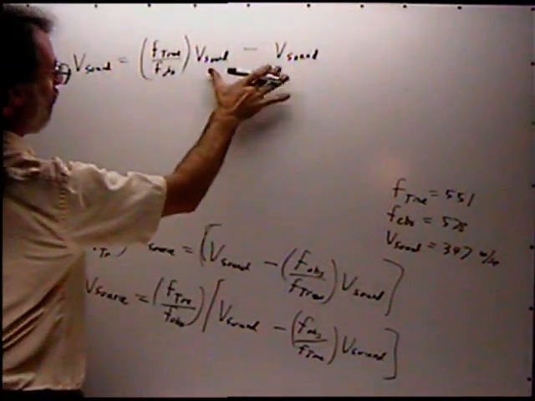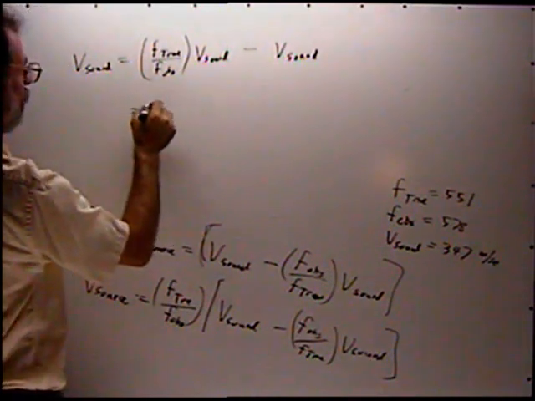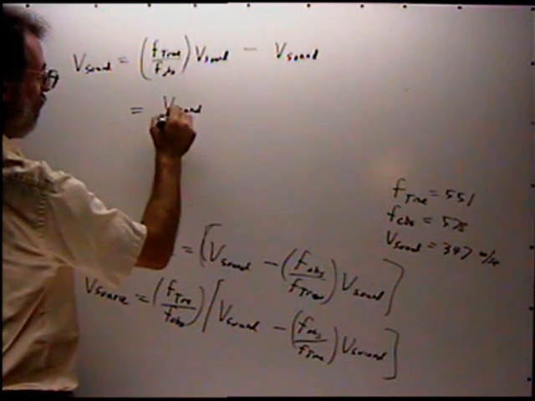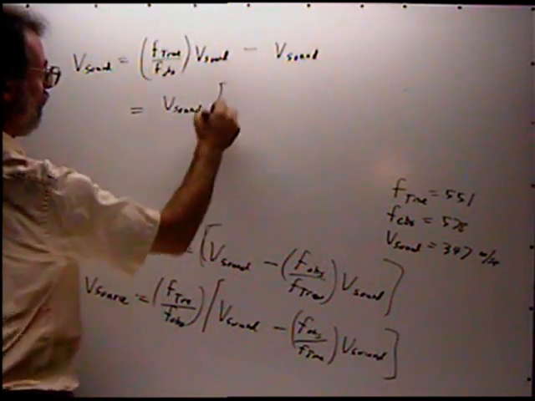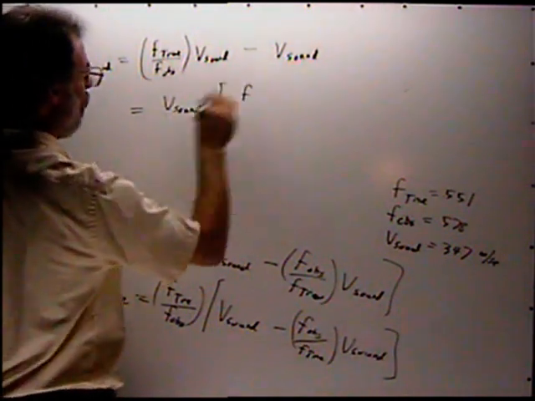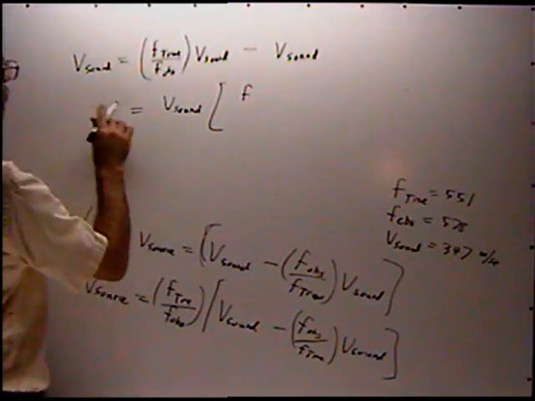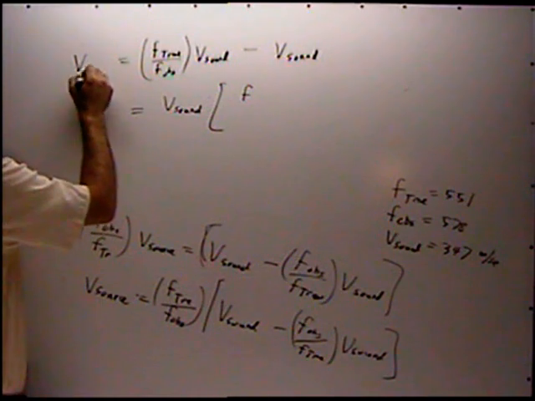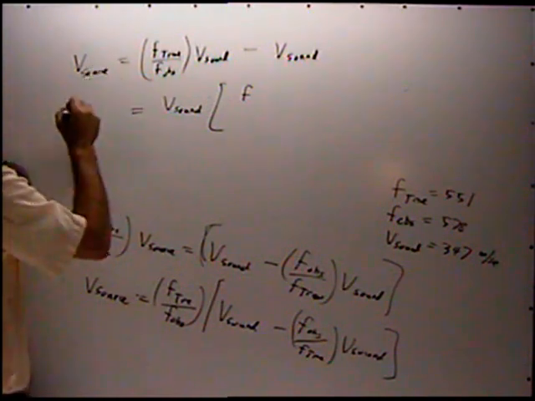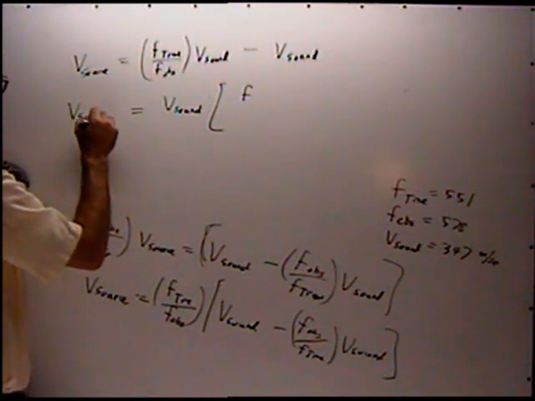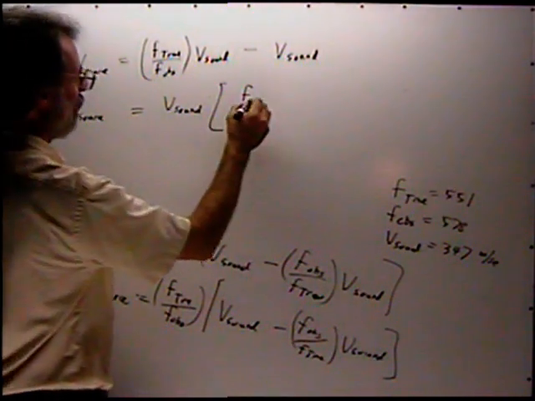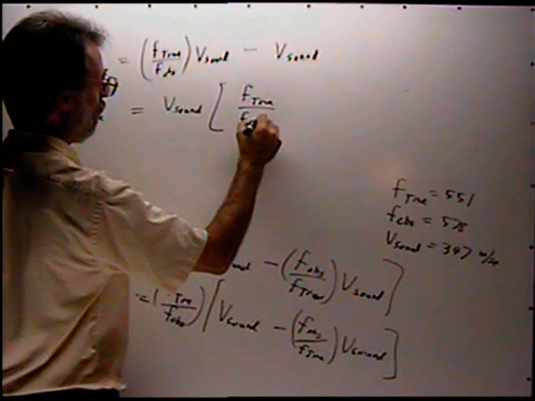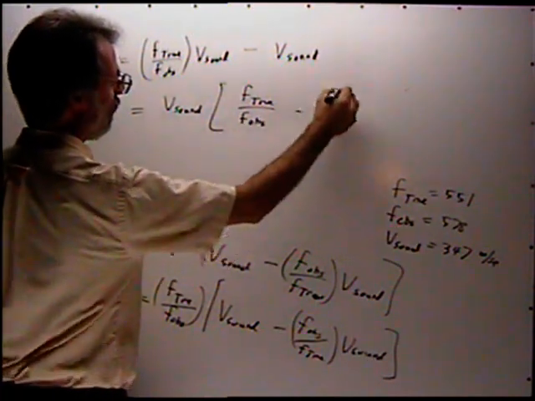Now at this point I can factor out a V sound. I could have factored the V sound out before, but I didn't. Oops, that's supposed to be V source, I'm sorry. V source equals V sound times the ratio minus 1.